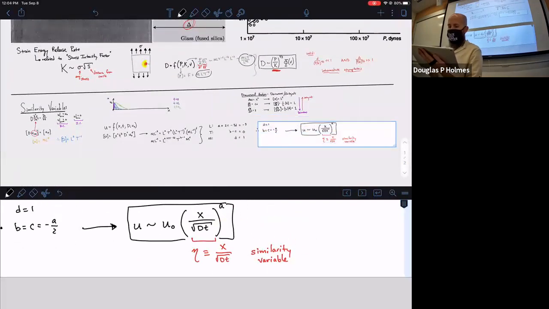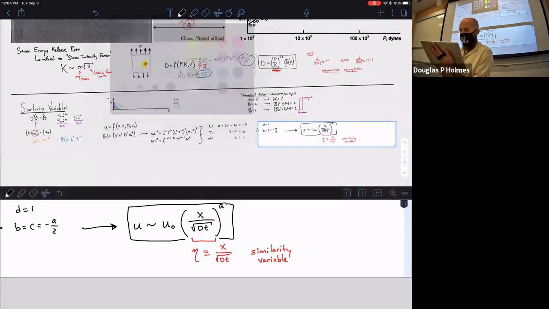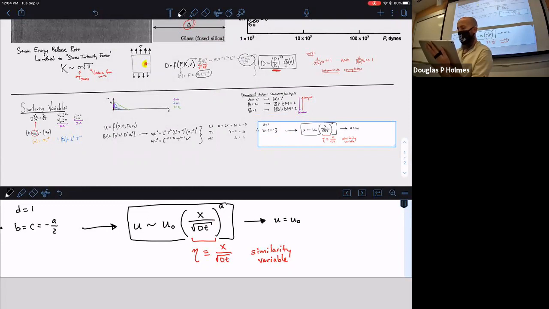So we know that this is not the most general form that we can write this. We know that it could lead to additive combinations of eta or various constants. But we know that we can take this thing and write it as u equals u naught times some unknown function of eta.